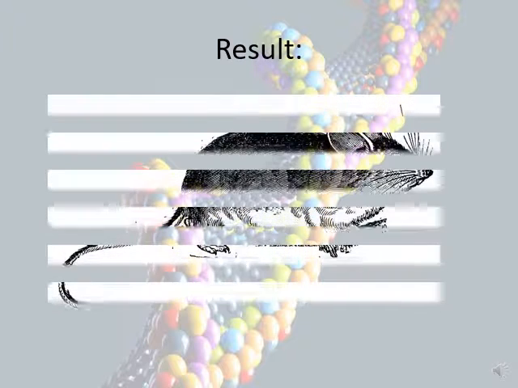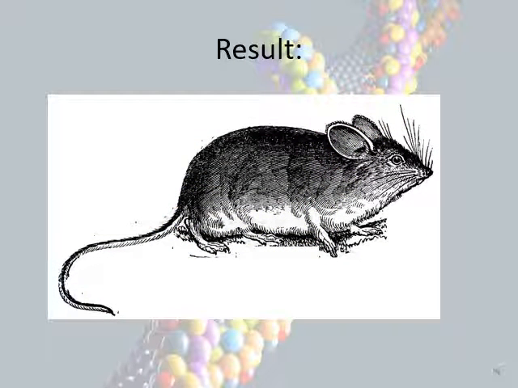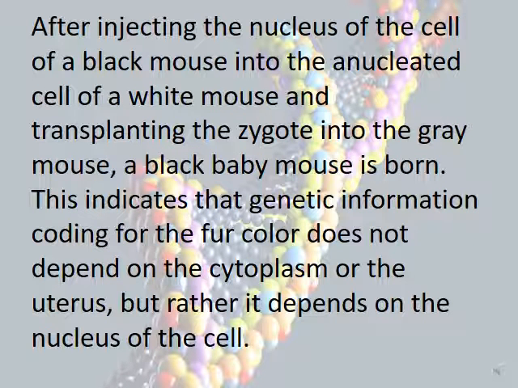a black mouse. So after injecting the nucleus of the cell of a black mouse into an anucleated cell, what is the meaning of anucleated cell? It means a cell that is deprived of the nucleus, without a nucleus.